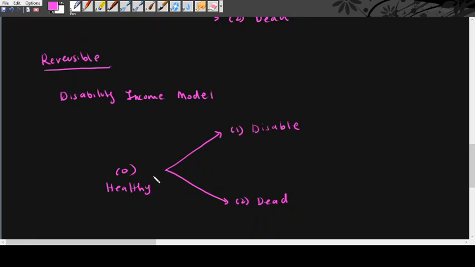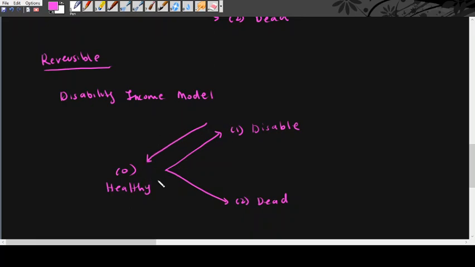When the policyholder becomes disabled, there is chance that the policyholder can come back to healthy. So you can see that the arrow goes to disabled and then there's a return arrow to healthy. That's why this is called reversible.